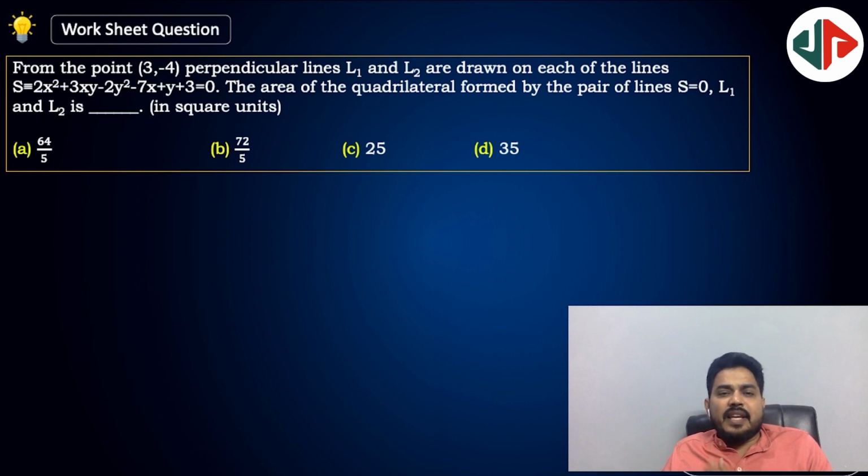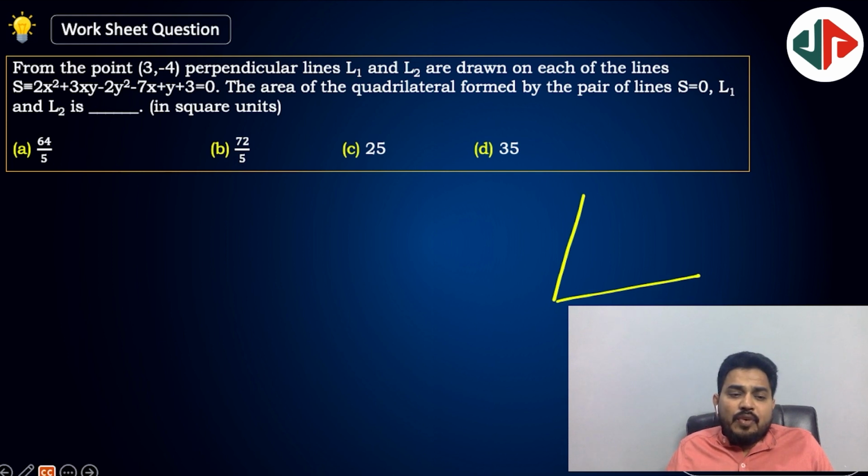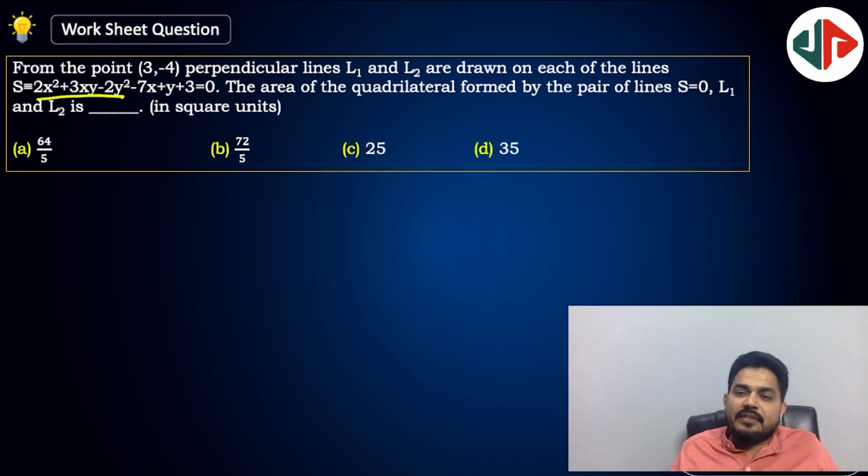From the point (3, -4), perpendicular lines L1, L2 are drawn to each of these lines. The area of the quadrilateral formed by the pair of lines S equal to 0 and L1, L2. If you look at the first pair of lines, the major thing is that these two are perpendicular.